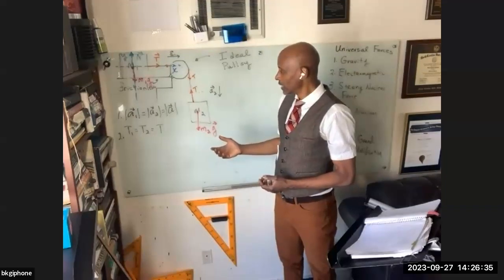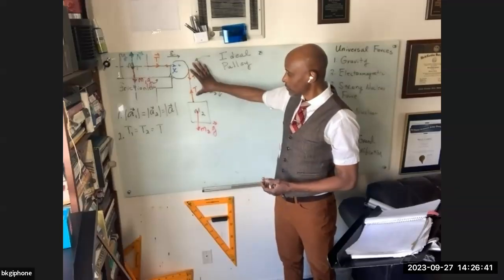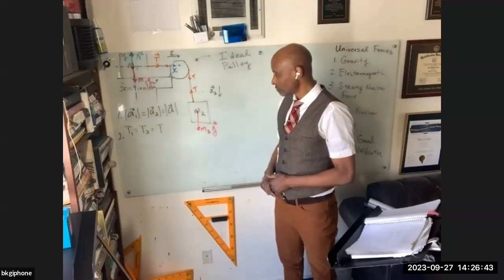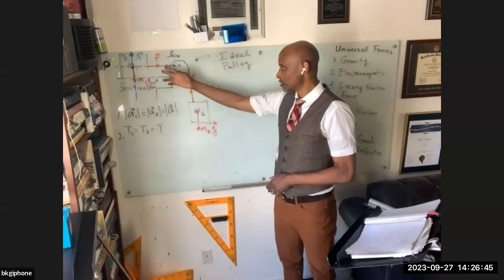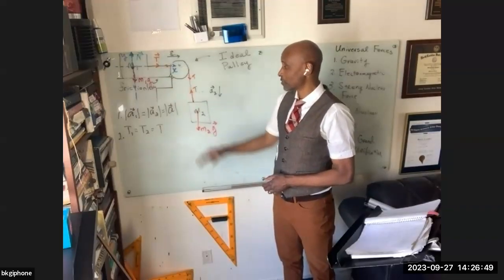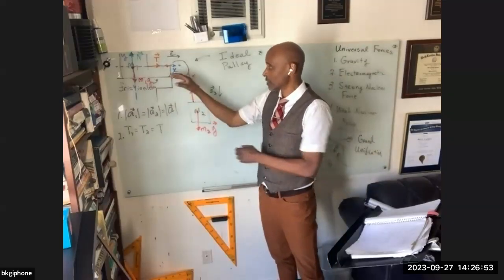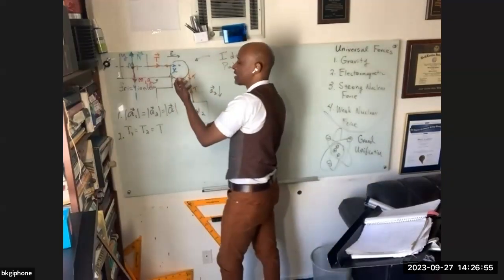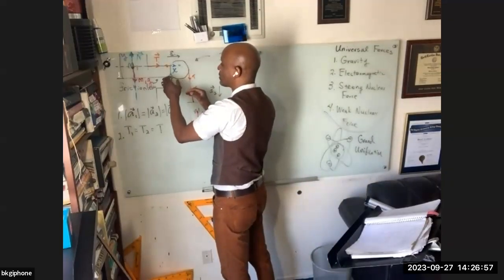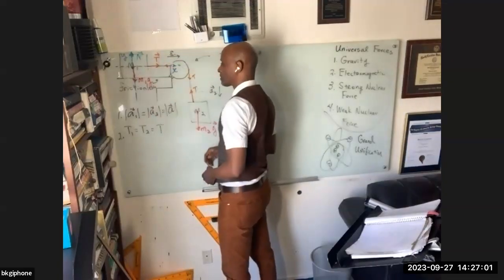But if I cut this portion of the string right here, then both of these forces disappear. I guess these would too, but maybe not. Maybe they would change in magnitude, but there might still be a little bit of force there. If it's ideal, it wouldn't. But if there was actually a real object, there might be some frictional forces causing some very small, negligible force there.